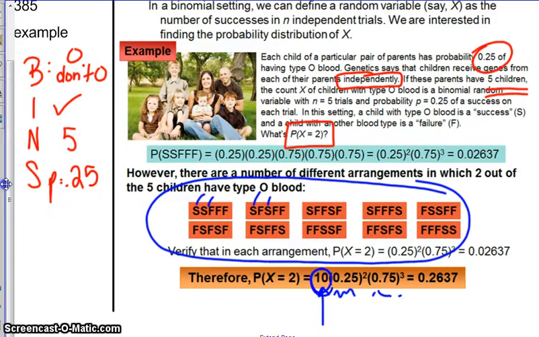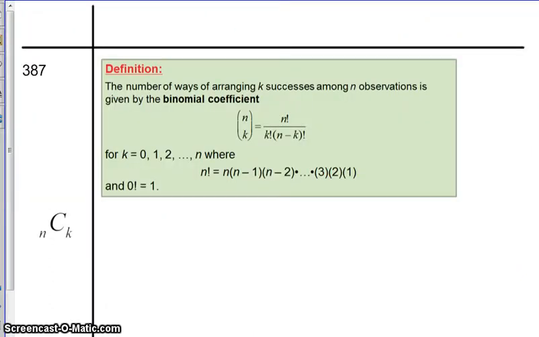Now, where this 10 is coming from, you may remember from an earlier course, is when we're talking about combinations. How we calculate combinations. This is how it's represented in the book. This is how a lot of times you've seen it. N choose K. On your calculator, it's going to be an R, but same thing.